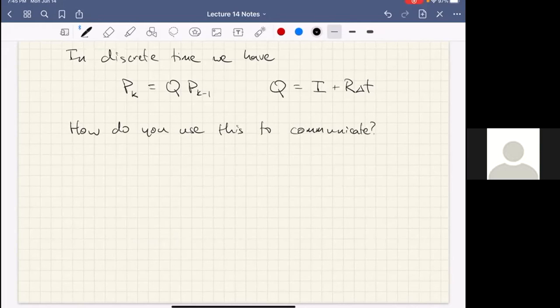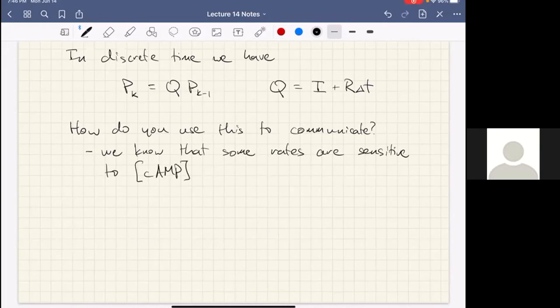And the real issue is that we know that the transition rates, some of them anyway, are sensitive to concentration. So this seems like a job for concentration shift keying, and that's exactly what you do.